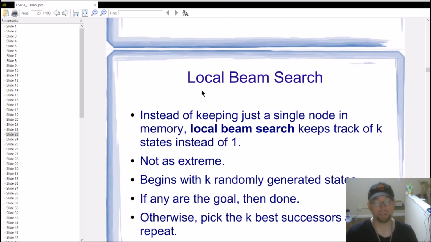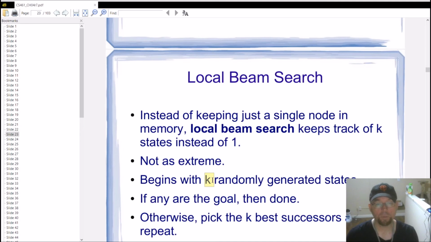This would be a perfect candidate for a multi-threaded application. The algorithm proceeds for each of those states, and if at any point one of those is the goal, then you're done. So you start with the k randomly generated states, and if any of those are the goal, right there, you're done.